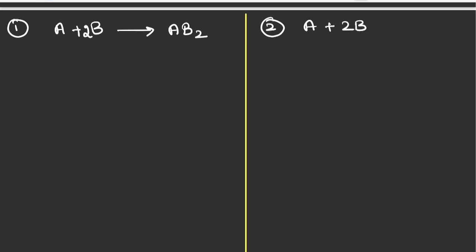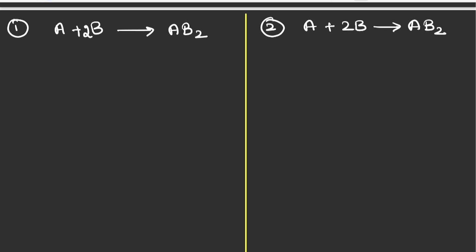Let me take one example to help you understand this. First equation, I'll take A plus 2B giving AB2. Second equation also I'll take the same, A plus 2B giving AB2.